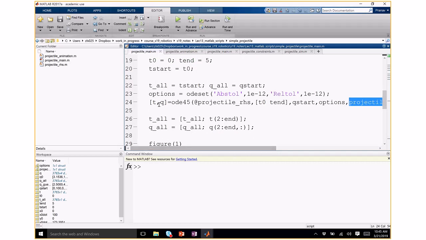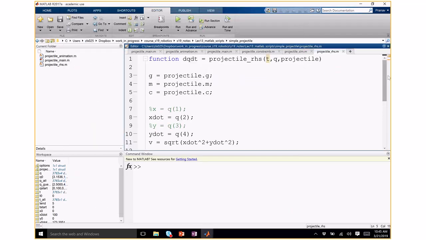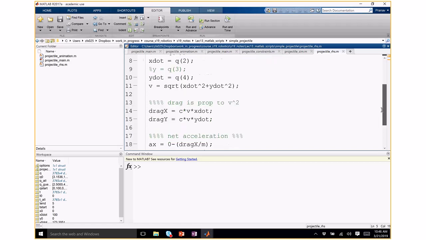TQ is the output. The function which I want to show you is the projectile RHS, which is not open. Let me open that. Okay, so here I have taken the projectile variable and unpacked g, m, and c. This is where I put 4 things: the equations for x dot, y dot, x double dot, y double dot.